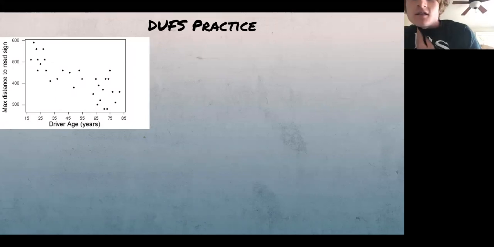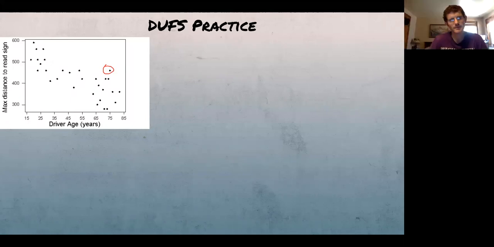I'd say it's in the negative direction, and it has like one outlier like right here maybe, and the form, it's linear, and the strength, I'd say it's at like 0.5. Okay. So I like that description all around.